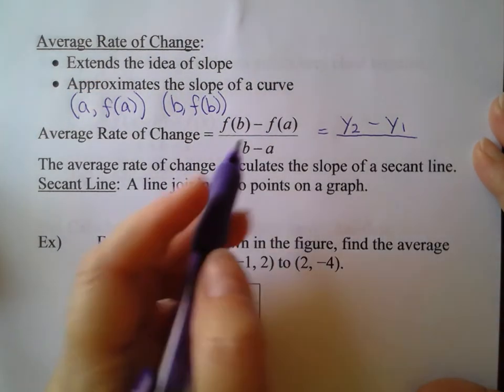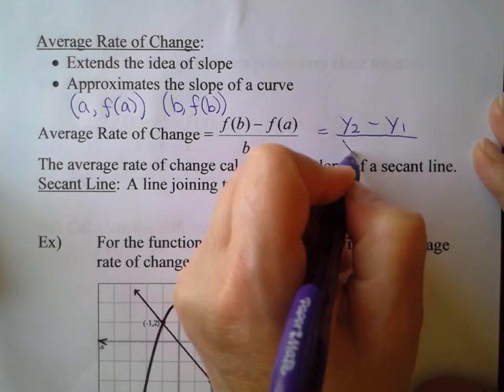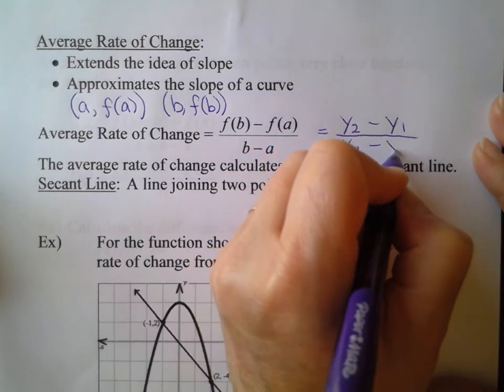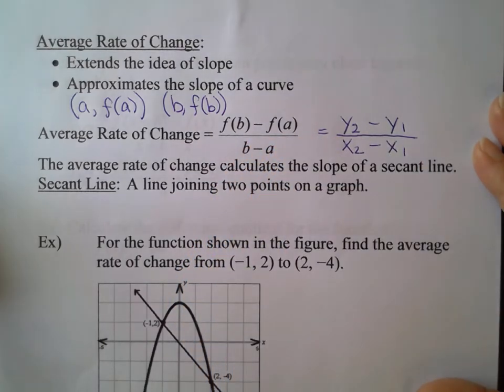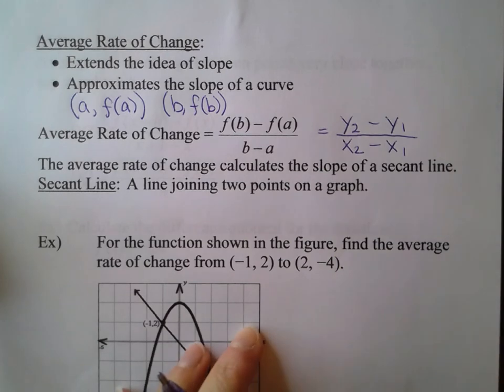And so the average rate of change is just mirroring the slope formula. Okay, and then below we said the average rate of change calculates the slope of what's called a secant line, and a secant line is a line joining 2 points on a graph.